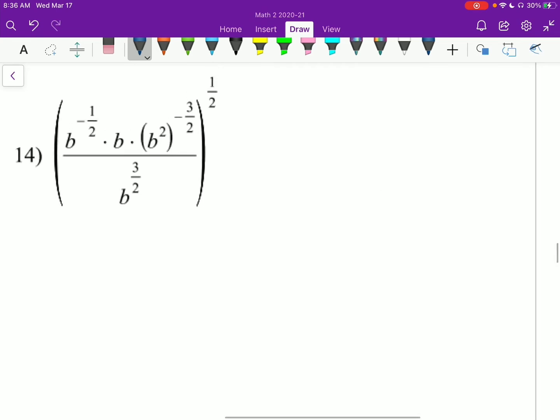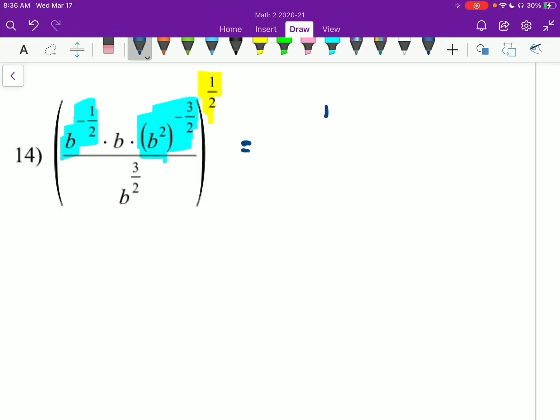So starting off here, let's try to simplify what's inside the parentheses first, right? Let's leave this 1/2. Let's just leave it there for a while. So what's inside the parentheses? Let's look at our negative exponents. We're dealing with this one here and that one there. Let's put them in the denominator to make them positive.